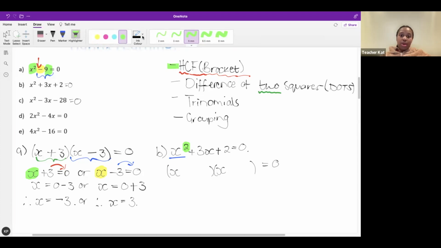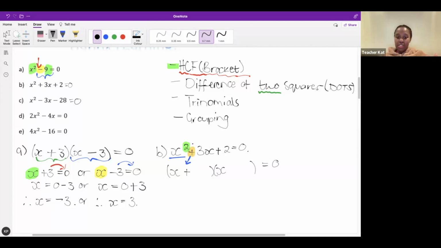Now, according to my trinomial, this symbol over here, what will my first symbol inside my bracket be? First symbol in the bracket, according to the first symbol in my trinomial, it will be a positive. Okay, now for those wondering where we got positive, it's just the same one. So if the first symbol is a plus, you put a plus in the bracket.